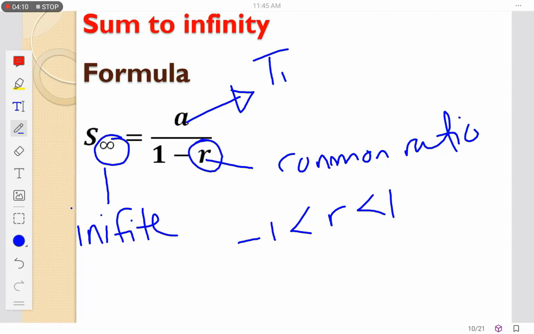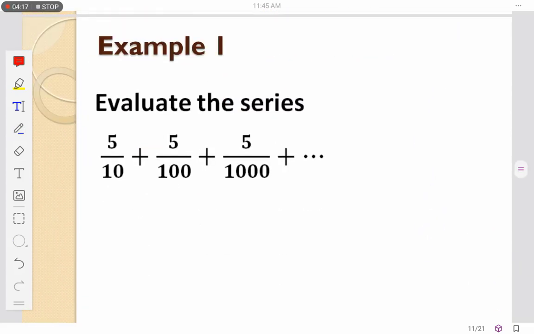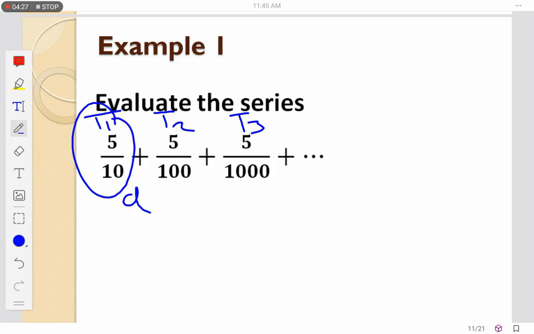Now, to explain it better, let's have an example of how we do this. For this one, this is my T1, T2, T3. This T1 is my A. Now what I can do is find my R. We know our R is T2 over T1.